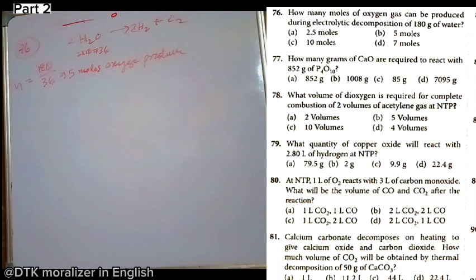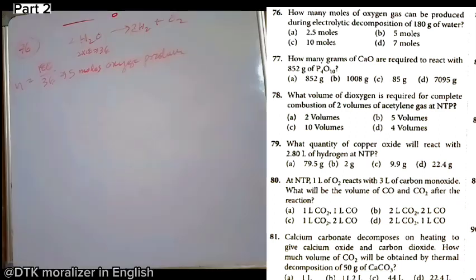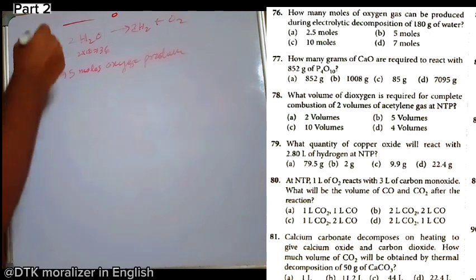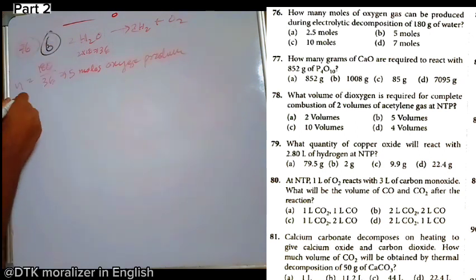Five moles of oxygen are produced. As you can see, here option B is right.